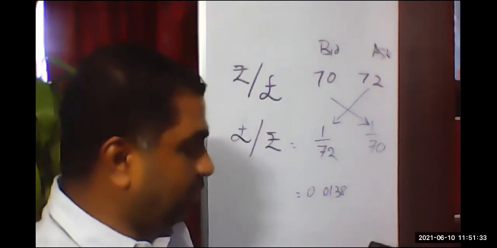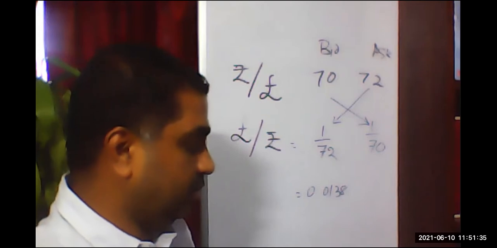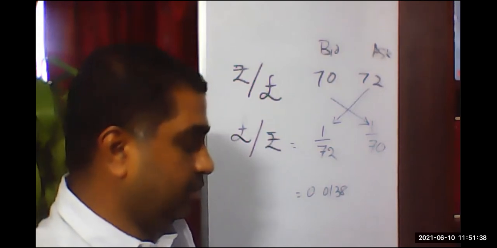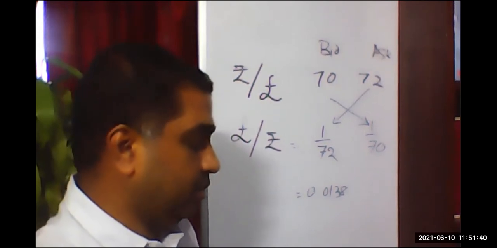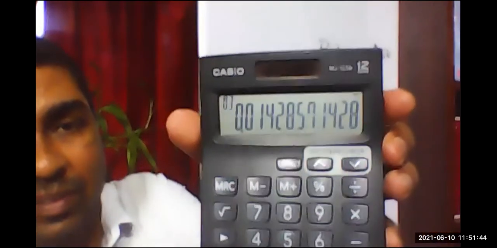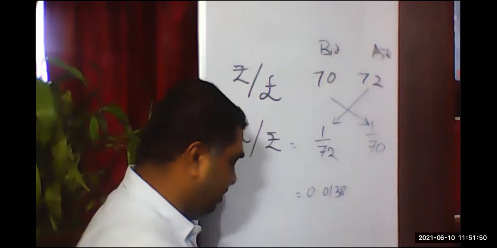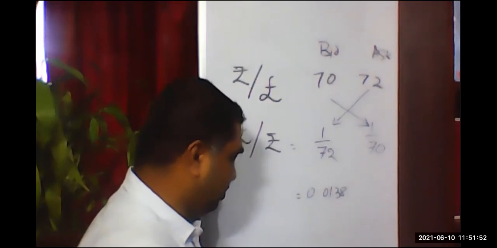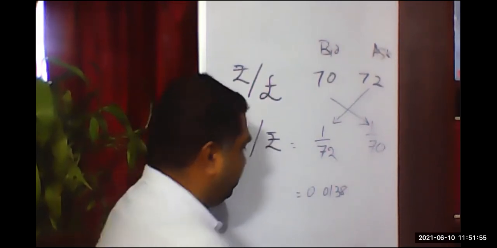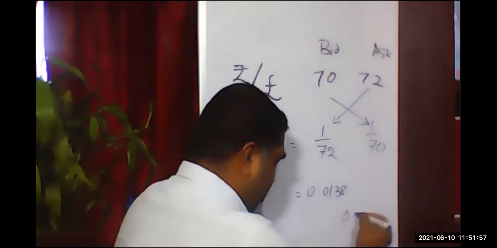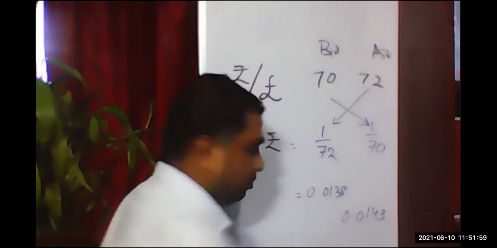And what is 1 by 70? 0.0142. You can take 4 decimals: 0.0143.